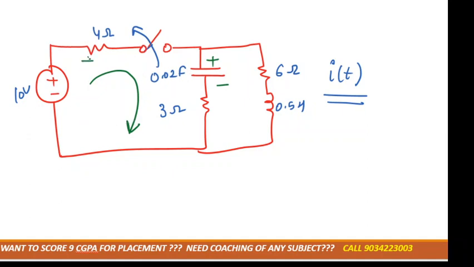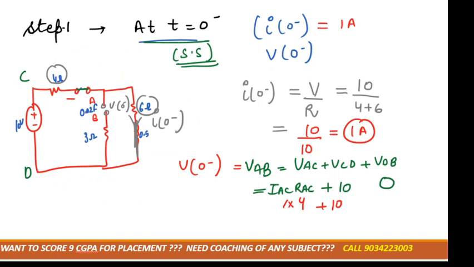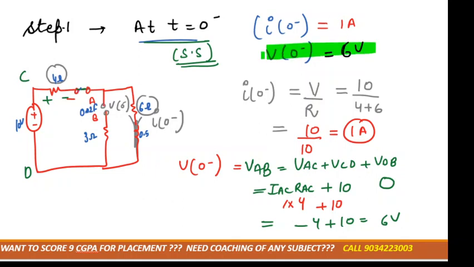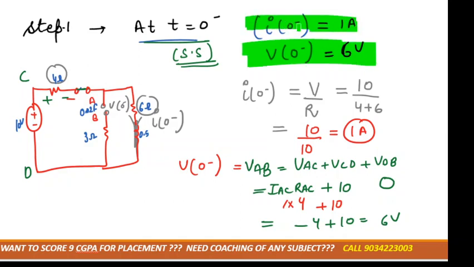So it would be positive, negative. Now either we need to take first sign or second sign, right? So that can be minus 4 plus 10, that would be 6 volt. Got it? So V of 0 minus, we got it as 6 volt. See, we have to consider sign also, we can't neglect it. Got it? Step number 1 done.